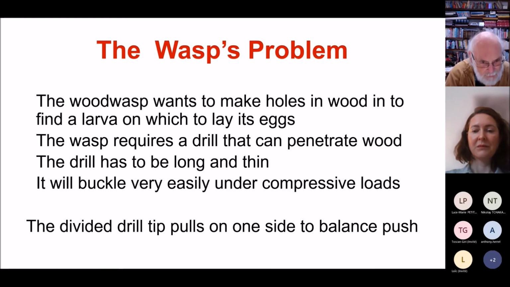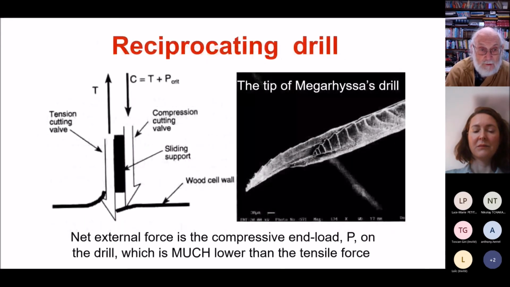But that stands in the way of the drill going in easily. So it's a standard trade-off. How do you break the trade-off? Well, what the wasp does, as you may well know, is to have the drill in several parts, 3 parts in fact. And on that divided drill, next slide please, the one side is always pulling while the other side is pushing.